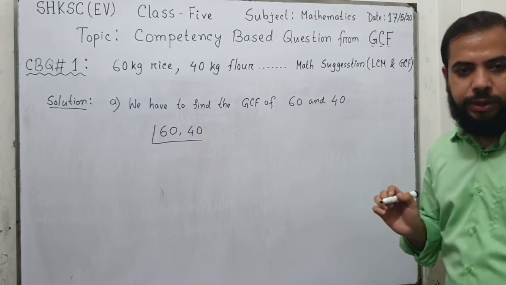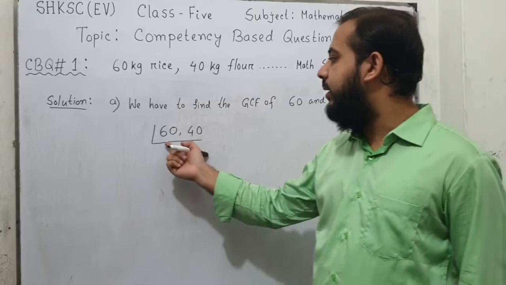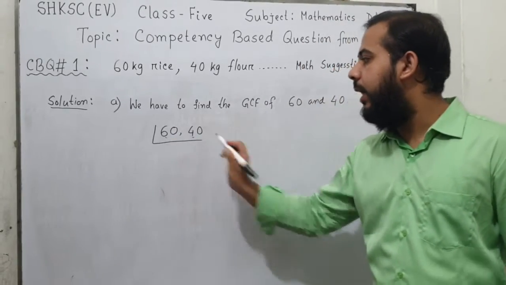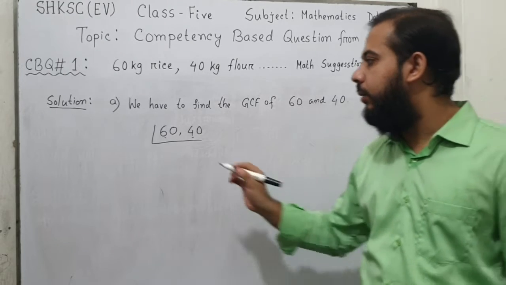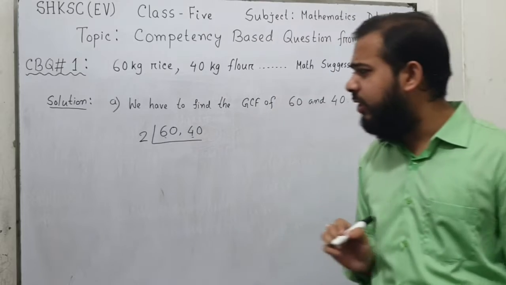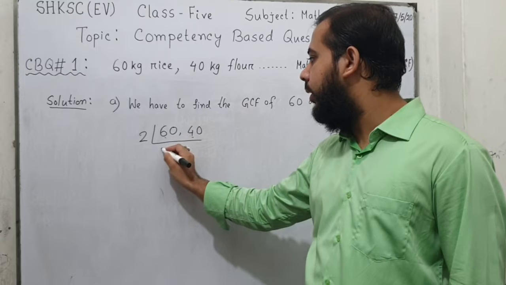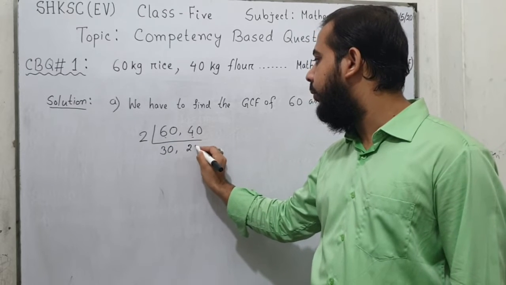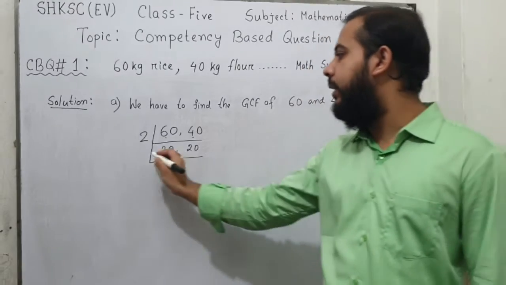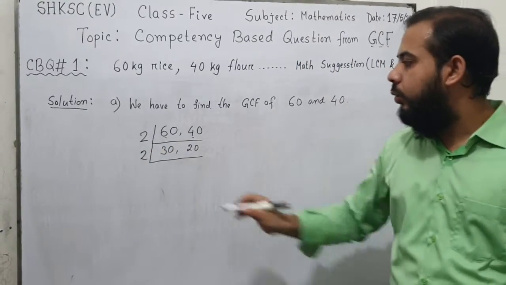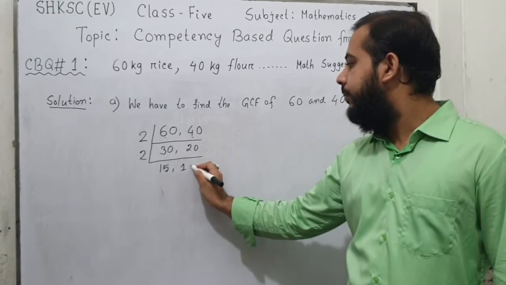At first we have to see that they are divisible. These two numbers are divisible by the smallest number, 2. If divided by 2, 2 30s are 60 here, and 2 20s are 40 here, and now we can divide again by 2, and 2 15s are 30 and 2 10s are 20.